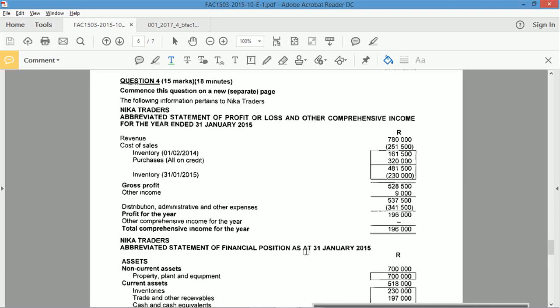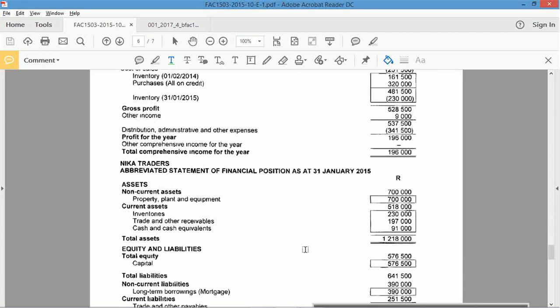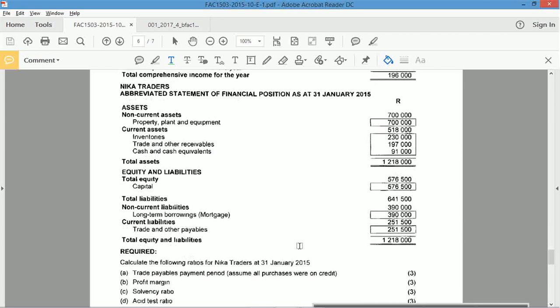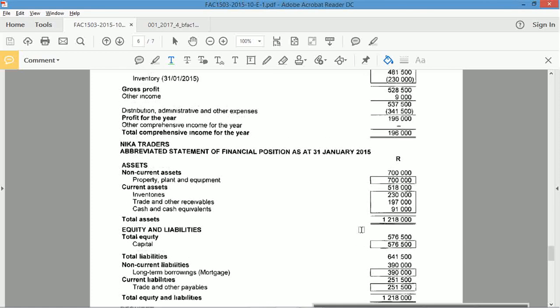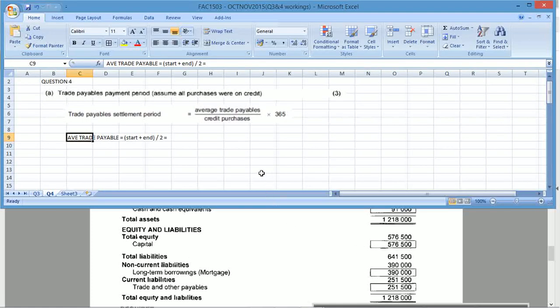We're going to have to use that as the average, because there is no opening balance. Right, so be careful. Here, there's no opening balance. The trade and other payables was 251,500. Okay, so brackets 251,500.